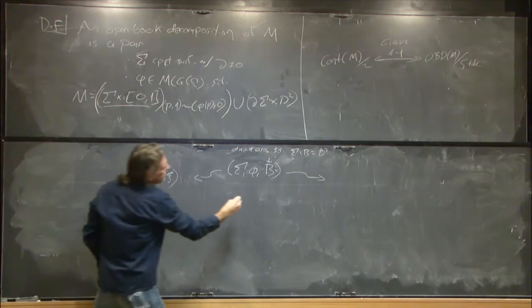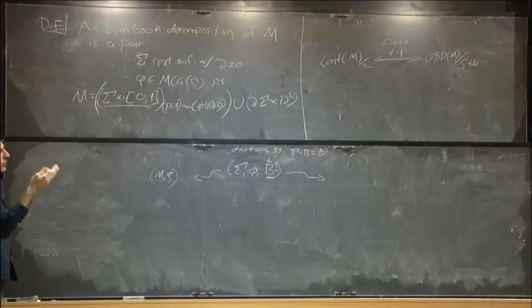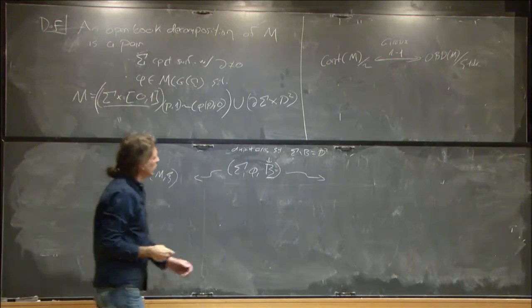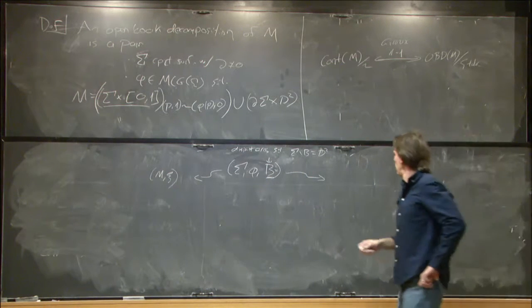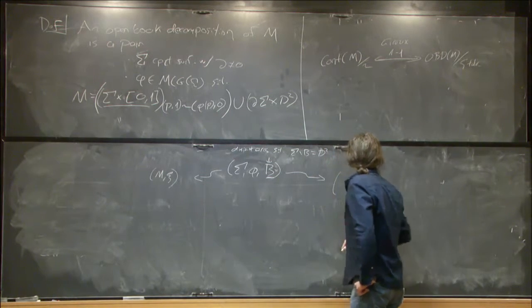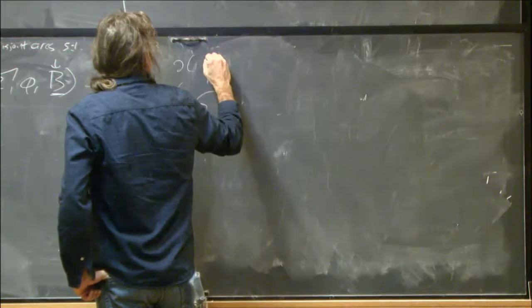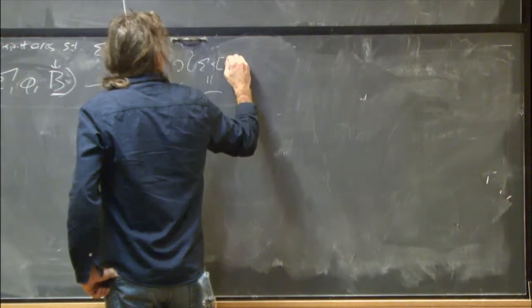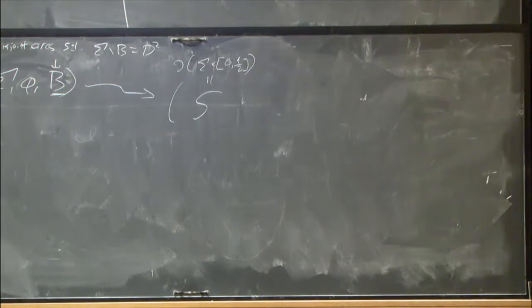And this basis then, cross 0, 1/2 and cross 1/2, 1, gives us the compressing disks in the two Heegaard pieces. So we can encode that as the surface S, which is just going to be the boundary of sigma cross 0, 1/2, let's say. That's your Heegaard splitting surface.